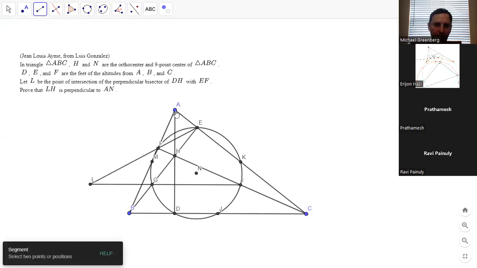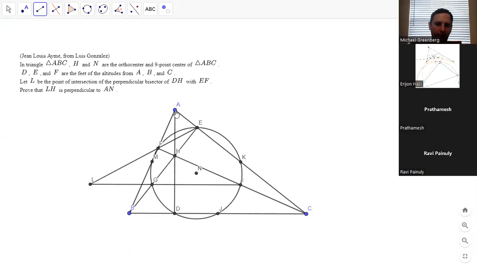Basically, I wonder if we can make an orthocenter somehow, because what if we let AN meet this? So we know H is the orthocenter of ABC. Maybe it's also the orthocenter. Like if we let AN meet this, then H should be the orthocenter of that triangle.